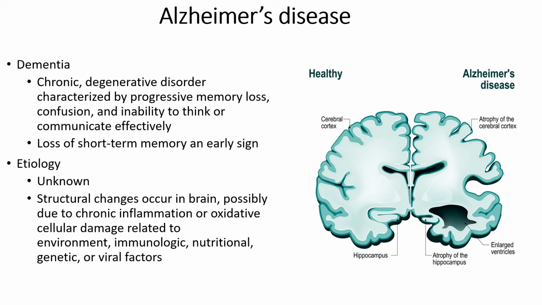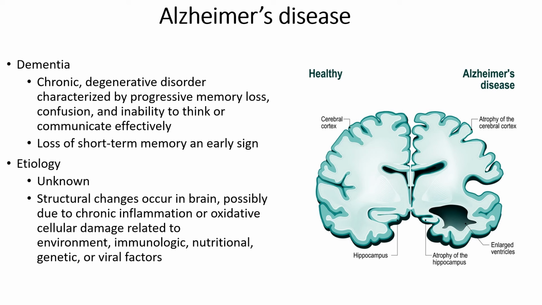We don't know the exact cause. We do think there is a genetic component to it, plus an environmental component. We really don't know the exact cause of this. There's definitely structural changes that occur in the brain. There's thinning of the cerebral cortex that you can see in the image here, where the amount of neurons look vastly diminished.